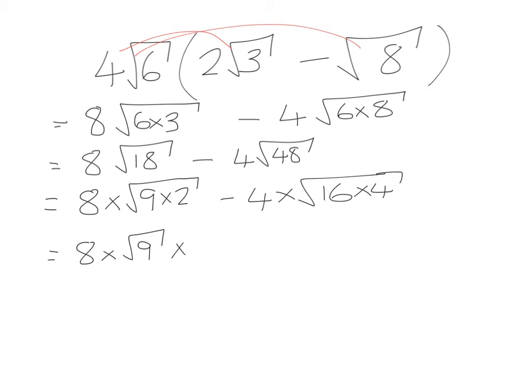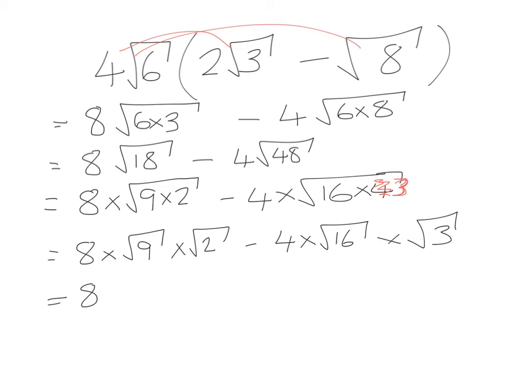Root 9 times root 2. Take away 4 times root 16 times root 3. Apologies, this number in here should be 16 times 3, not 16 times 4. 16 times 4 is 48. Apologies for that. Okay, so now I can simplify.